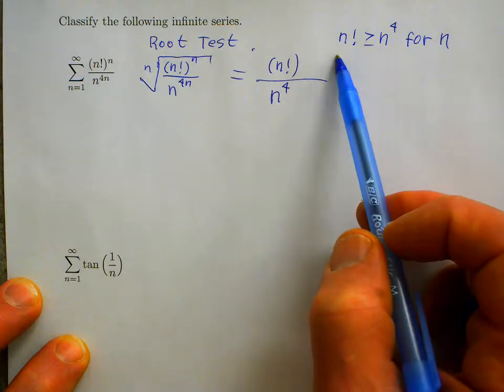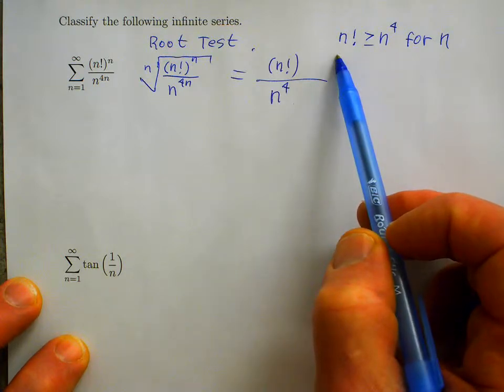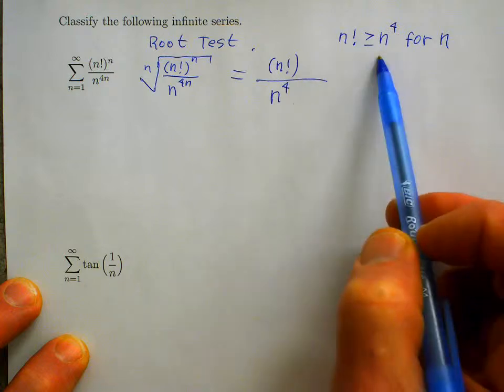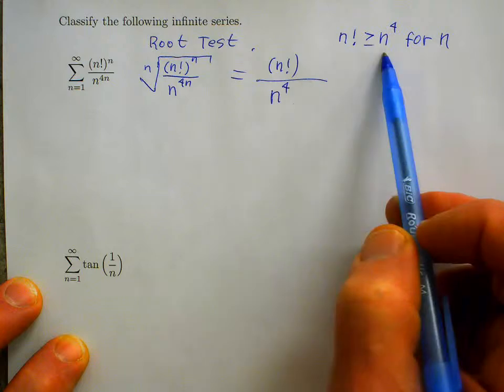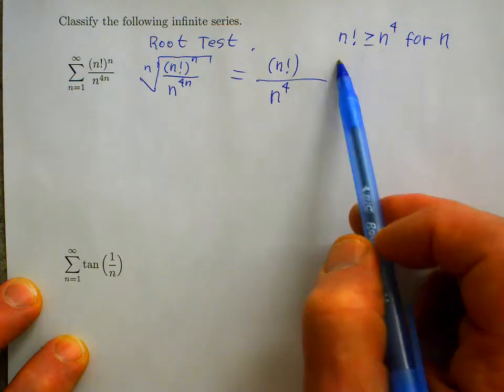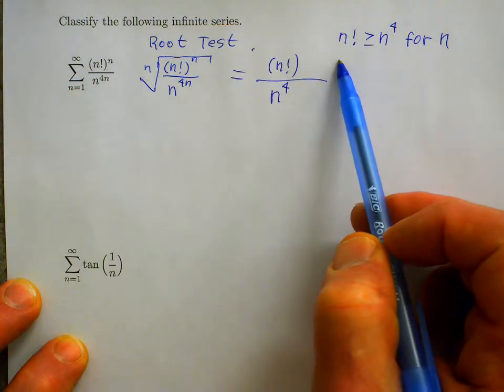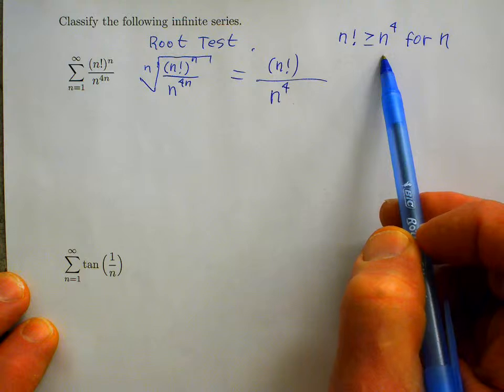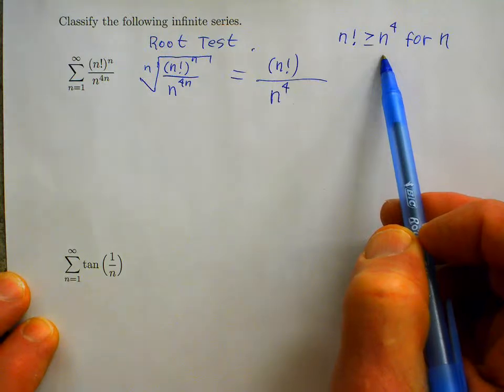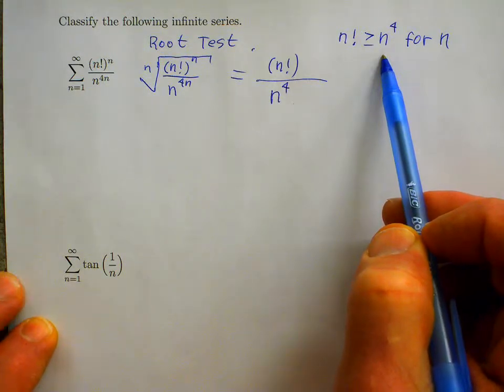So 5 factorial, 120. 5 to the fourth is 625. 6 factorial, 720. 6 to the fourth, I don't know, let's see. 36 squared, that's 900 plus 1080, and then 1160, 1260.